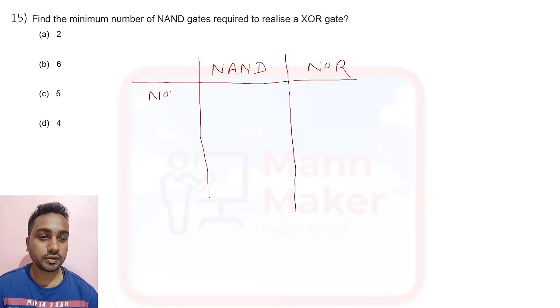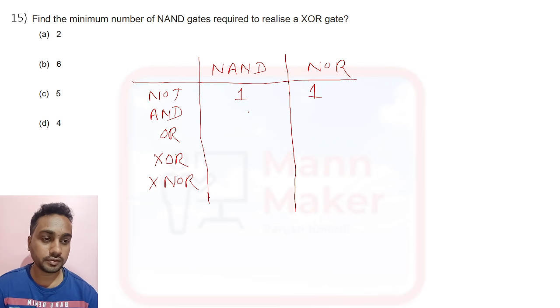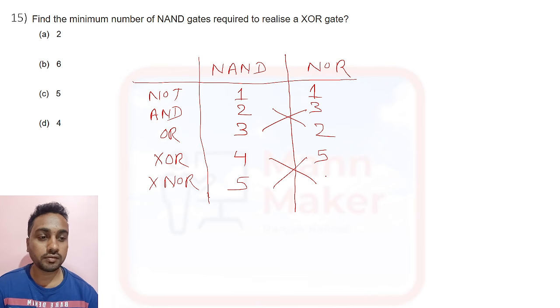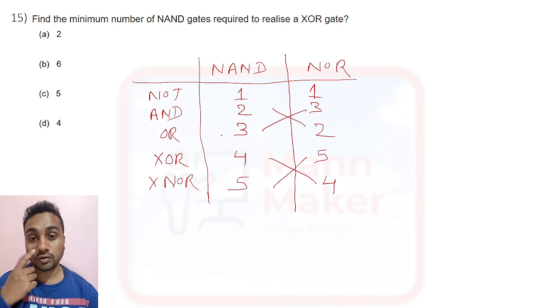This is NOT, then AND, this is OR, XOR, and XNOR. Okay. So if this is 1 and 1, this is 2, this is 3, again cross this one, 3 and 2, this is 4, this is 5, again cross this one, this is 5 and this is 4. So whenever a question comes, anything can come.